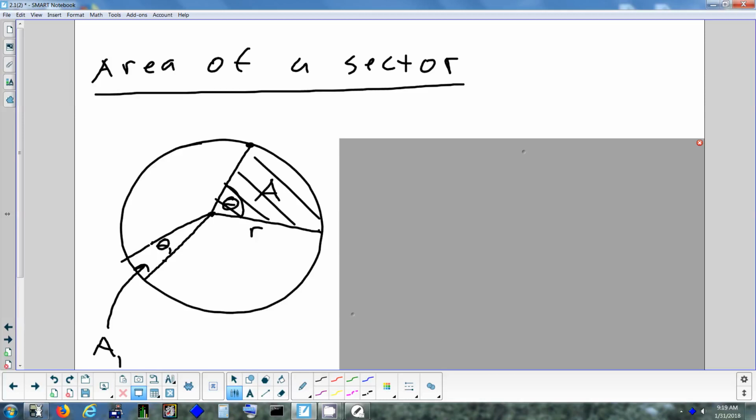So to figure this out, we need a starting point. We need some fact that's going to help us. Well, first thing I'll tell you is that angle size and area size are directly proportional. Okay? That means the same thing as it did with arcs. If you double the size of this angle, you're going to double the size of the area that's covered. If you make the angle half as big, you're going to make the area covered half as big. Okay?